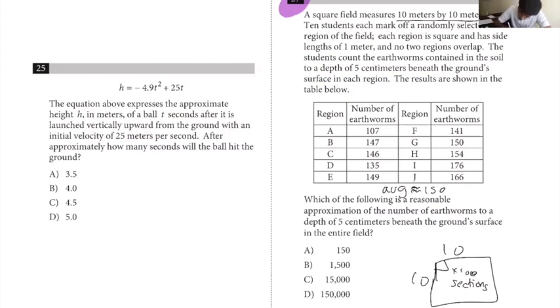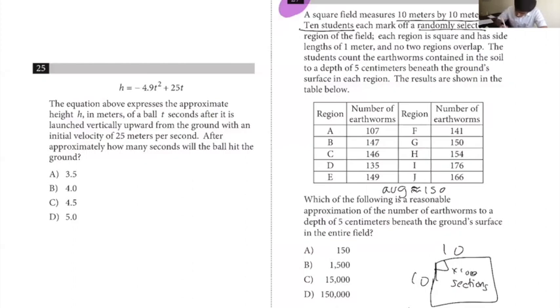Okay, so where's the depth? Well, go sentence by sentence with me. So let's start here. All right, so we have the 10 by 10 meters, and then it said that 10 students marked off a randomly selected region of the field, right? So then I marked down the fact that it was 10 students. Students, okay. Randomly selected.